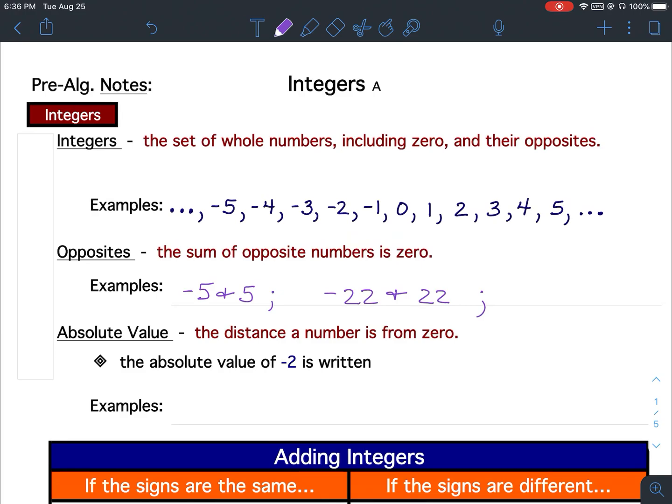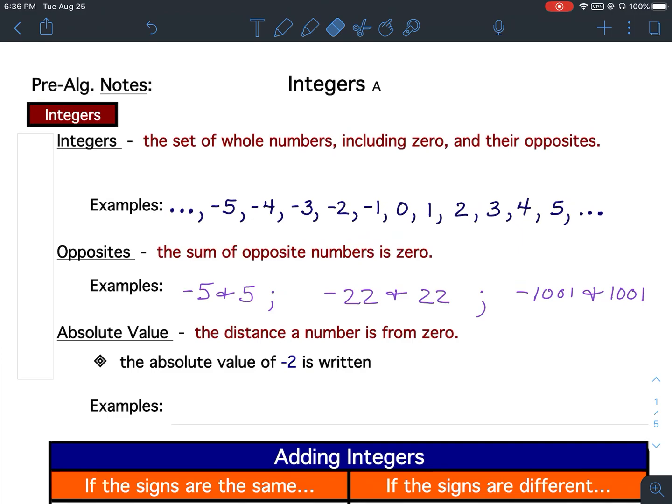And the last example of opposites I'm going to use is -1001 and +1001. So those are opposites. In other words, it's a digit and then the negative of that digit. So 20, -20, 1,000, -1,000, and so forth.